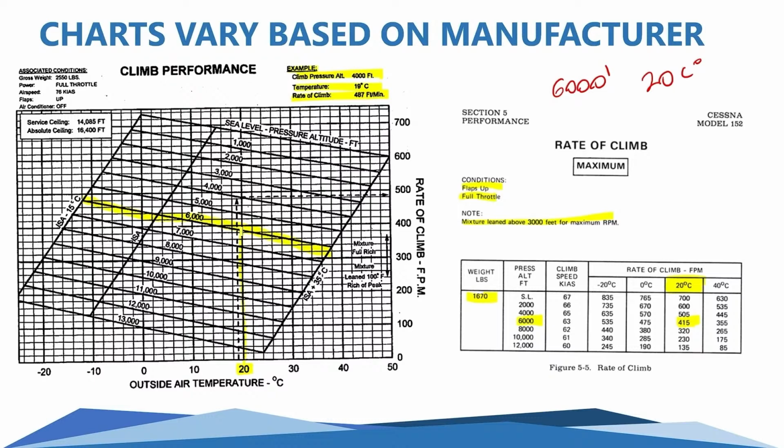Once I get to the 6,000 foot mark, I will draw a line to the right, and that is effectively going to tell me what my climb rate is for this specific aircraft. If I do that, it looks like it's just under, roughly 20, 40, 60, 80, probably closer to about 380 feet per minute based on 20 degrees.